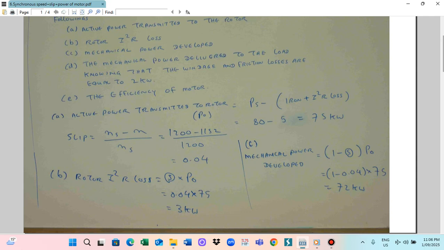Then we substitute: 1 minus slip, which is 0.04, multiplied by P0, which is 75. By solving this, we get 72 kilowatts.